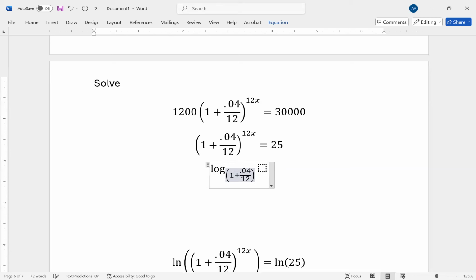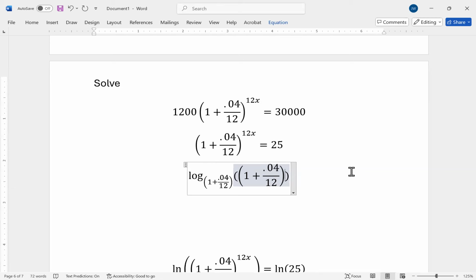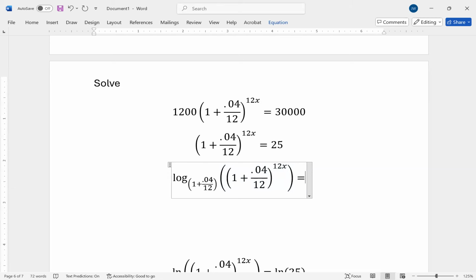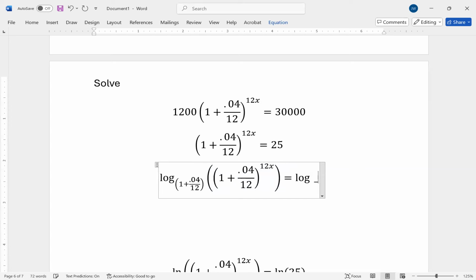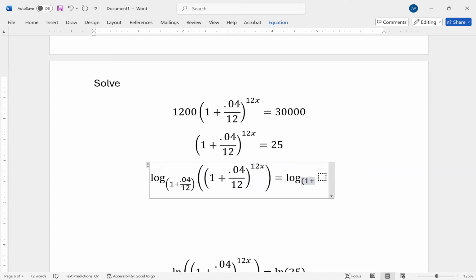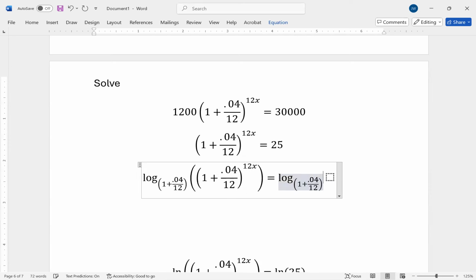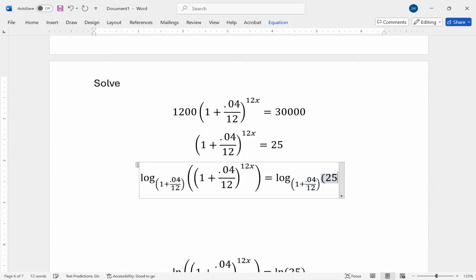So log of that base of that whole number, 1 plus 0.04 divided by 12, raised to the 12x power inside the argument, is equal to log of that ugly base of 25.